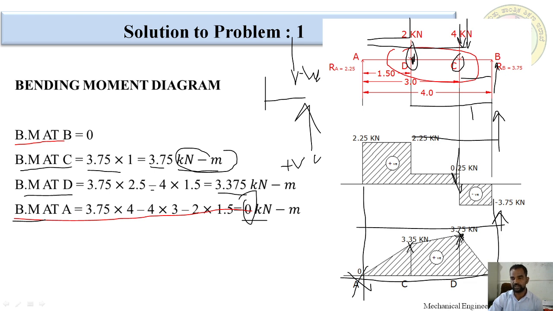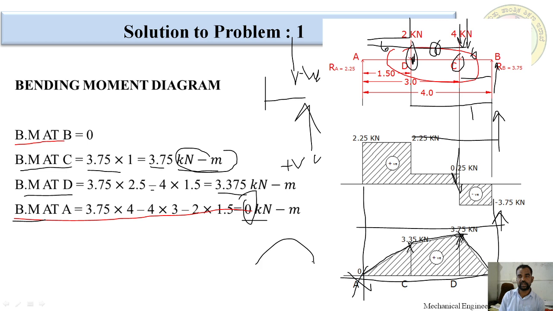Okay, after that we have to join A to D and D to C and D to B with straight line, because there will be no loading condition between the 2 points. For that reason we have to draw with straight line. If UDL is there, then we have to draw with a parabolic curve. This is the condition we come across in concept of simply supported with point load.